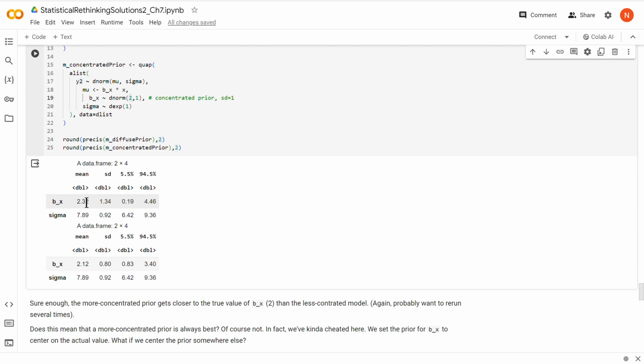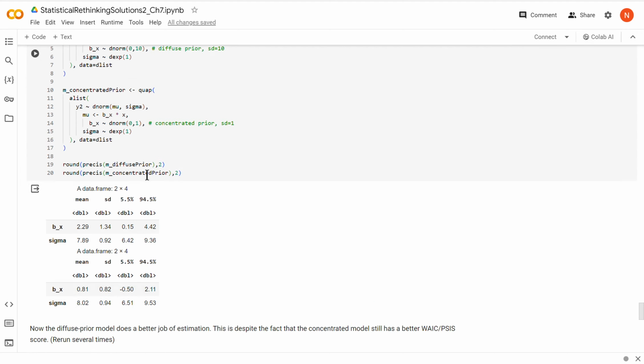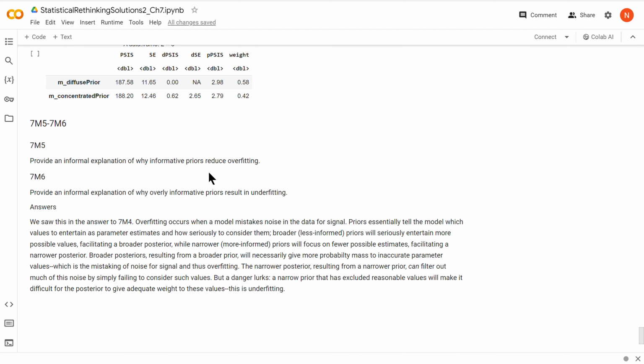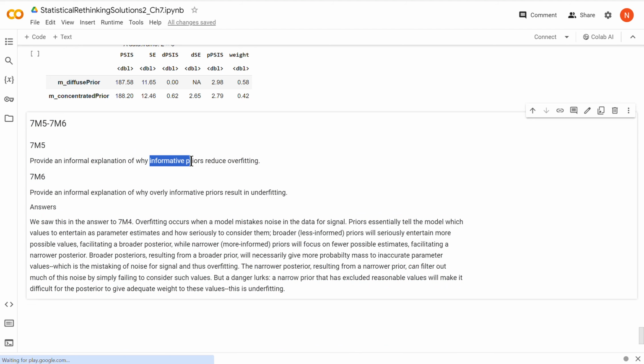That's not a rigorous definition of what the noise is, but the diffuse model is mistaking some of that noise as signal, right? And our concentrated prior is doing a much better job of filtering out some of that noise. All right, so that's good. So this explains why an informative prior reduces overfitting, because it's filtering out the noise that would otherwise be mistaken as signal.